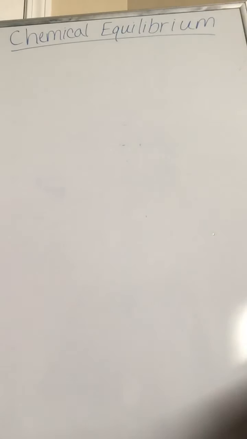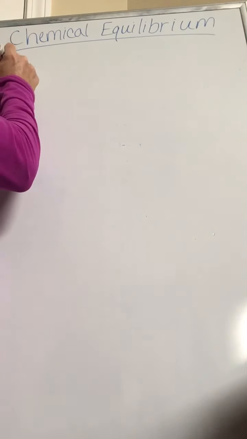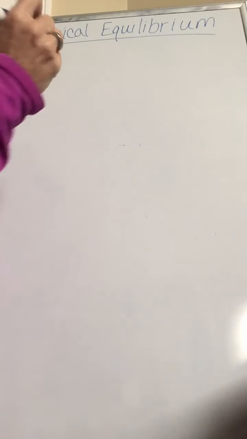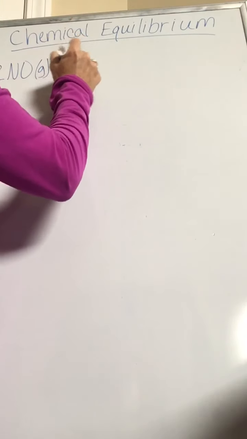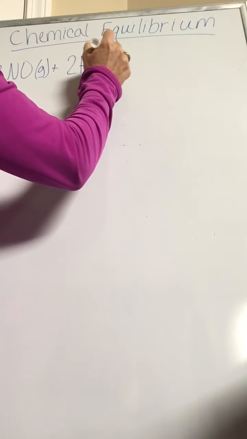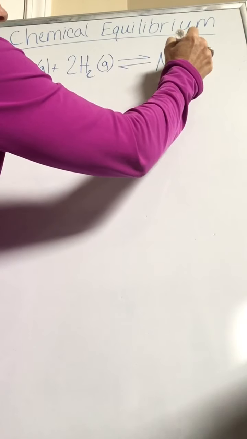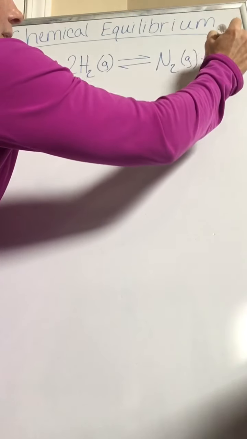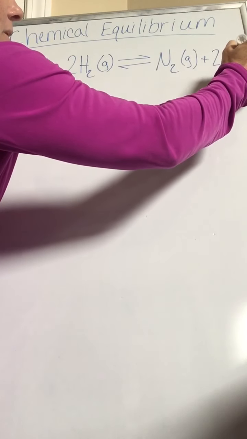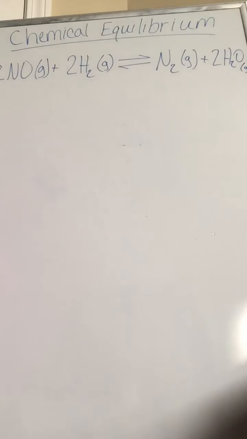But, so 16.1, we say a chemist performs the following reaction: 2NO plus 2H2, and I'm going to make my 2 arrows, makes N2 plus 2H2O gas.